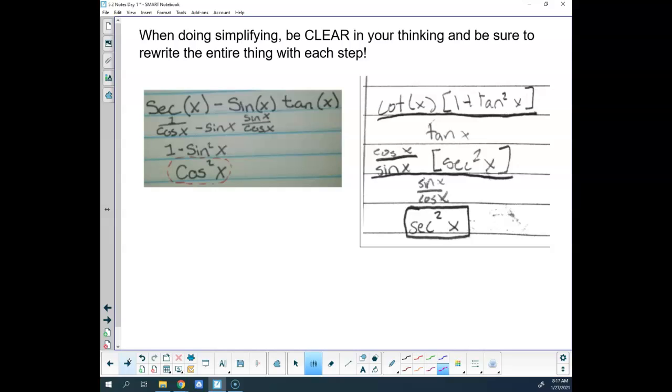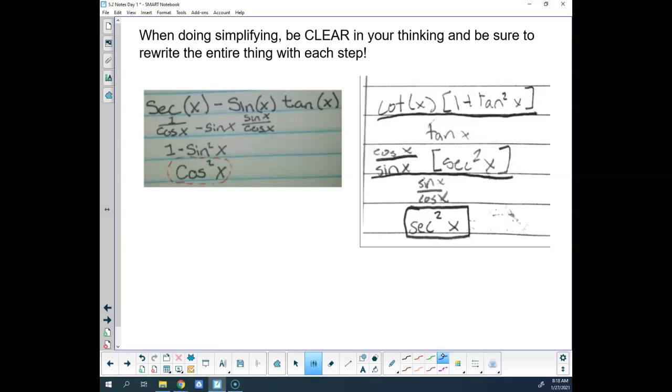For instance, in the first one, your logic has to be clear. Your thinking needs to be clear. And you need to rewrite the entire problem every single time.